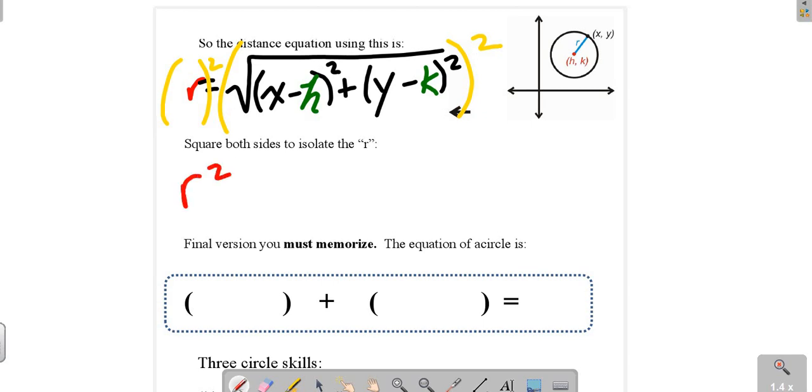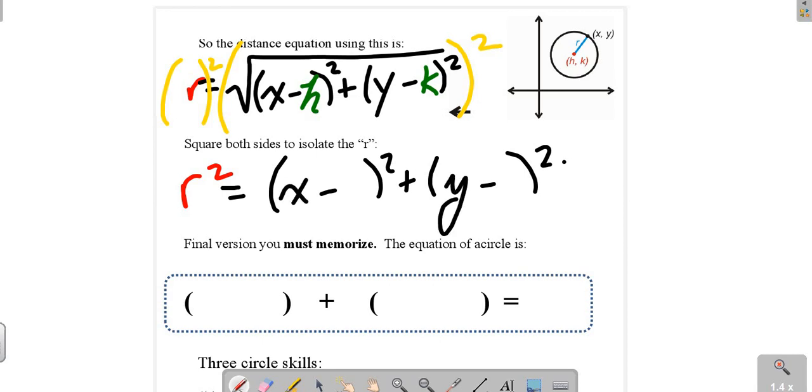So we have r squared equals x minus h parentheses squared plus y minus k parentheses squared.